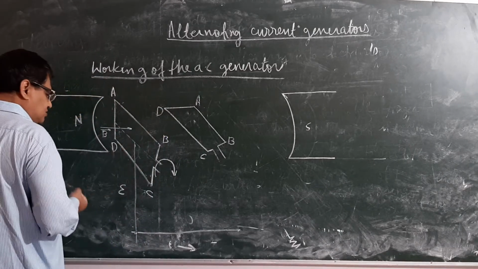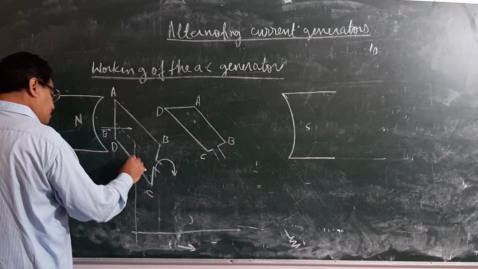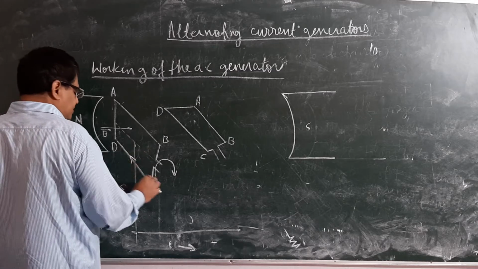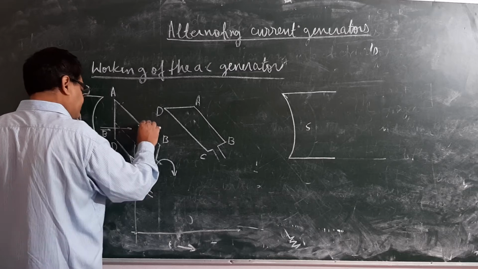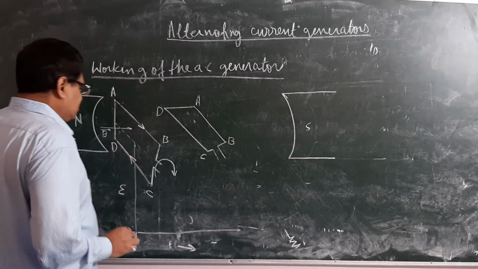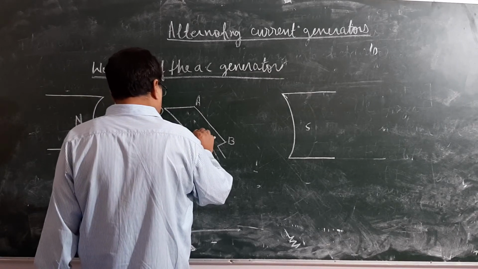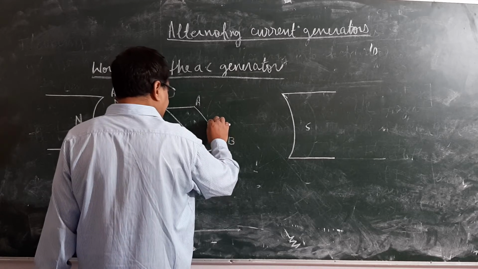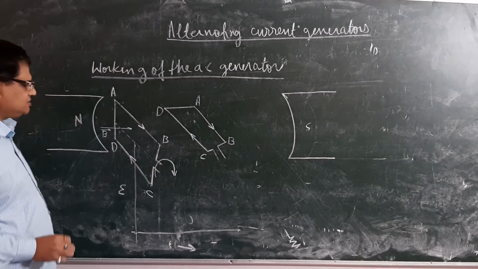Now when it starts rotating, the direction of the induced current according to the right hand Fleming's rule will be along this direction over here, and in this conductor it will be along this direction. So the direction of the electric current will be like this. If I say electric current, that means it is the direction of the conventional current.